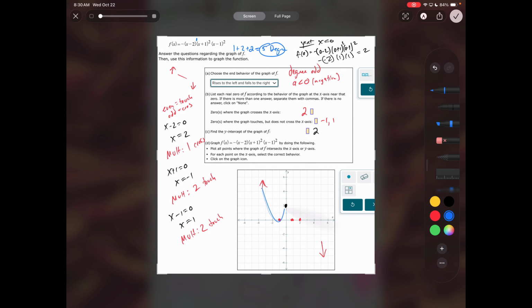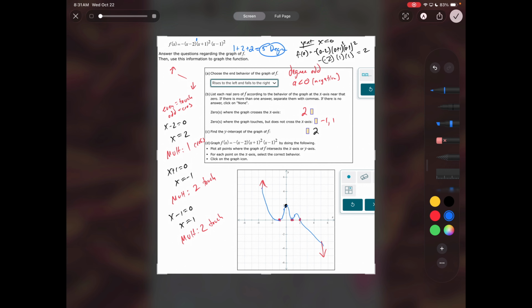At 1, it's going to touch and turn around. And then at 2, it's going to cross. So it's going to do something like this. Okay, that's kind of crazy looking, but that's our best guess of what it could look like.